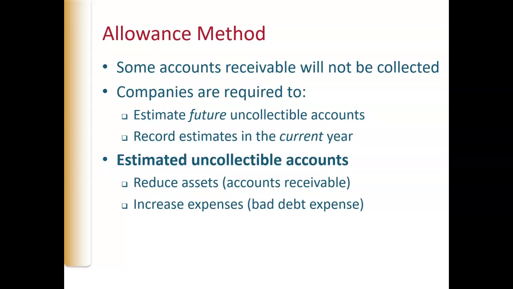And it's also going to create a bad debt expense, which offsets our revenues, right? So we're showing these revenues, but guys, we're not going to receive it all. So we need to estimate how much of that is going to be a bad debt expense in the current period in which we're recording the revenues. Does that make sense?